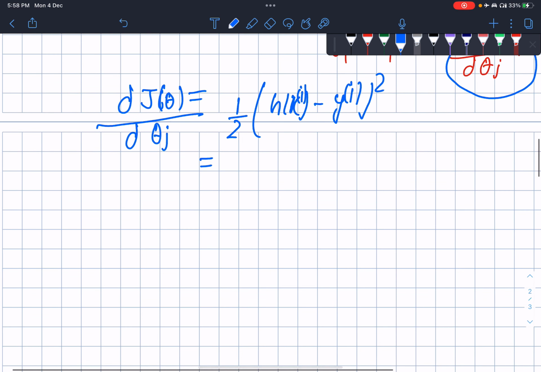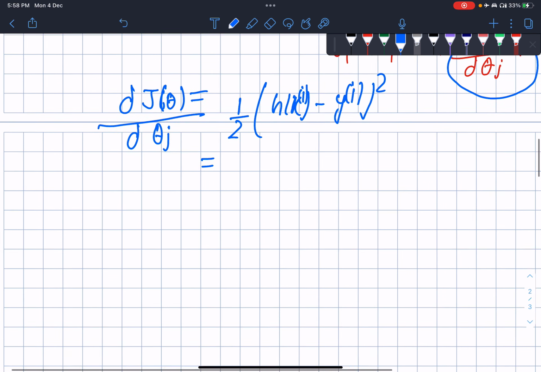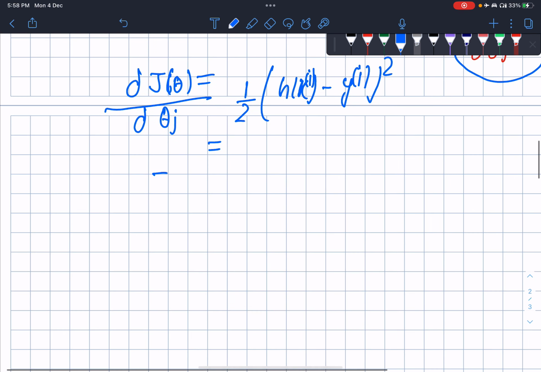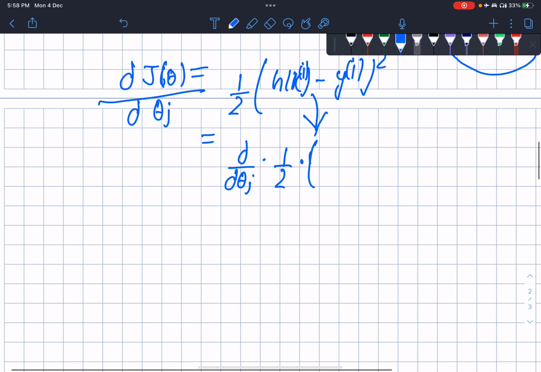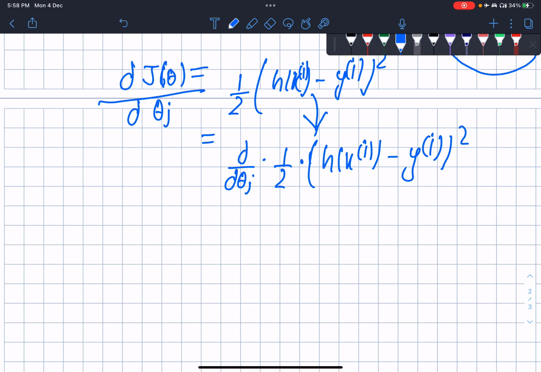Now what we do is use the derivative of this. So we have the derivative of J of theta with respect to theta j, times 1 by 2, and we write the same thing here, copying all of it: h of x minus y of i.